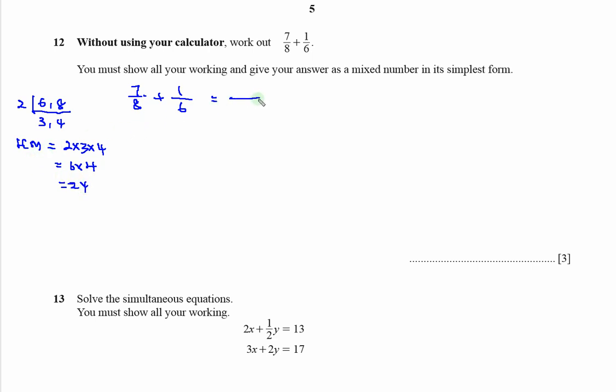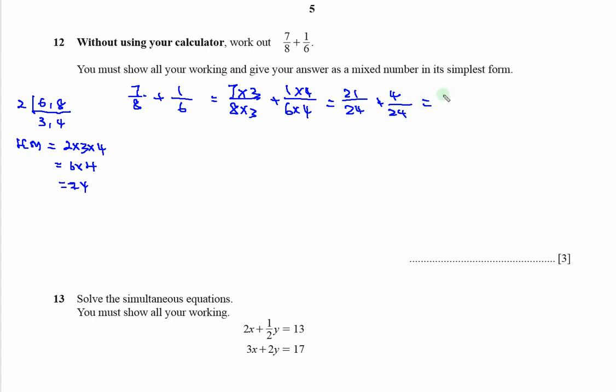So let's convert this. For 8 to become 24, 8 times 3, so 7 times 3, plus for 6 to become 24, 6 times 4, so it's 1 times 4. So what you have is 21 plus 4 over 24.